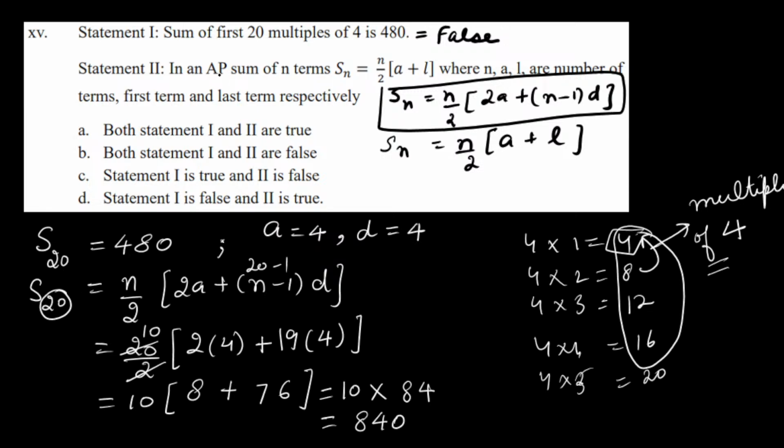Now the second statement: in an AP, the sum of n terms is equal to this, where n, a, l are the number of terms, first term and last term. Yes, that's also true because I have given you the formula of Sn.